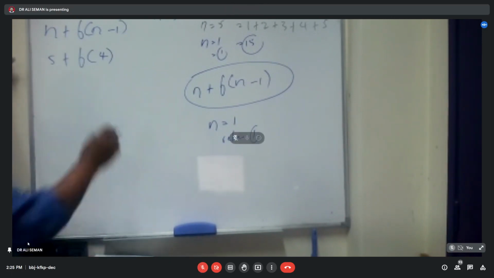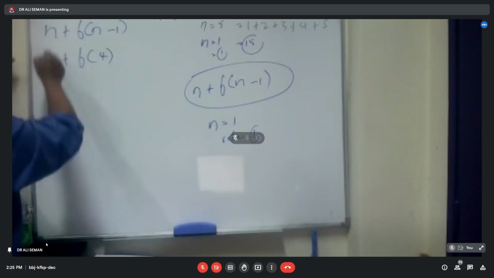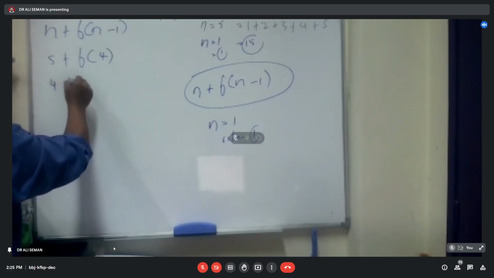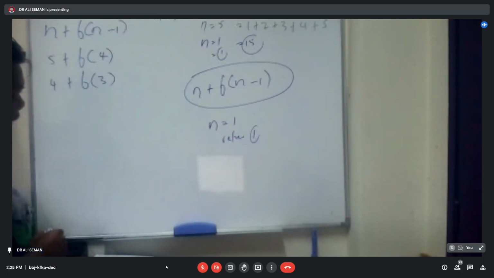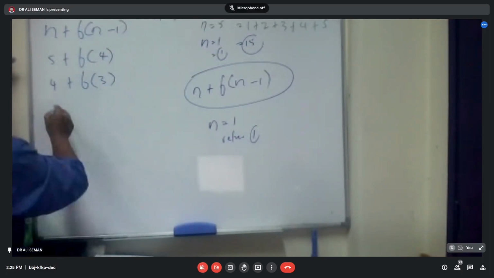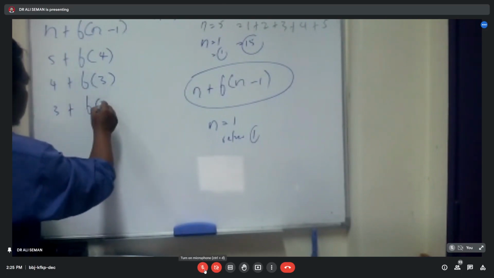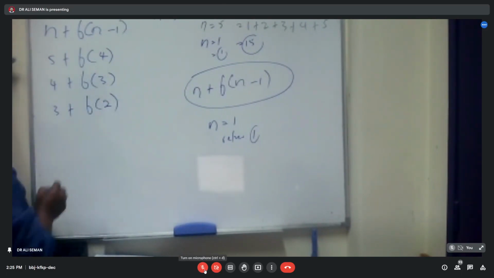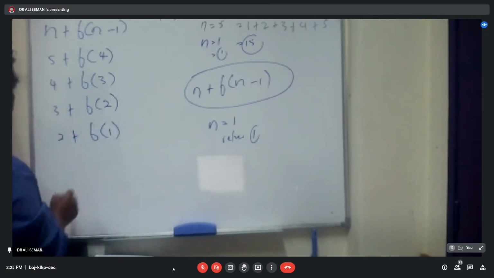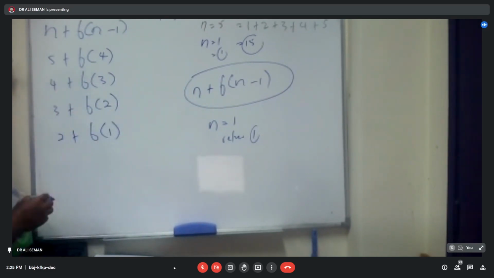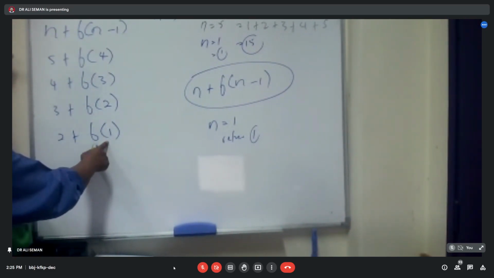Now we have to reduce it. Now it becomes 4 plus 4 minus 1, 3, correct? And 3 plus 3 minus 1, 2, right? And 2 plus 2 minus 1, 1. And after that, 2 minus 1 is 1 here.